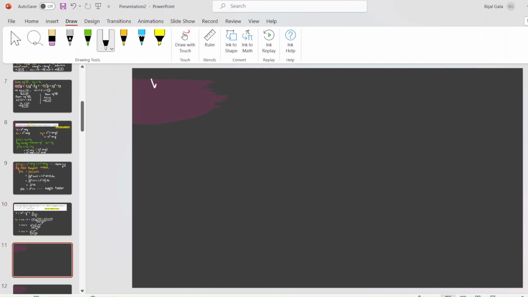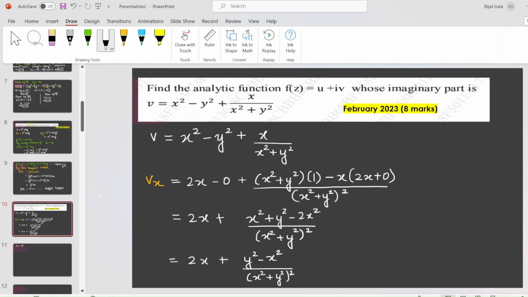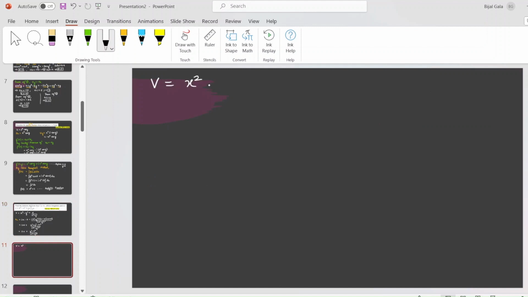So to calculate Vy, I'll just note down V again here. That was x square negative y square plus x over x square plus y square. Let's calculate Vy. Now y will be the variable, everything else will be constant. So 0, negative 2y. Second term, you can find the derivative in two different ways because we have used u by v before.